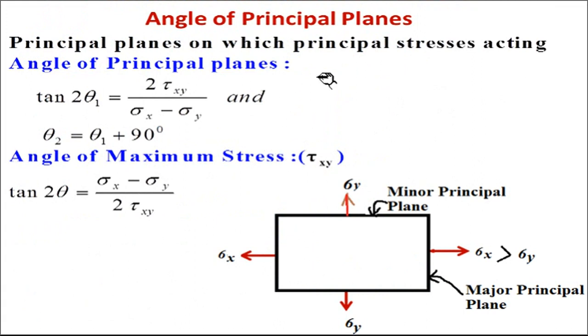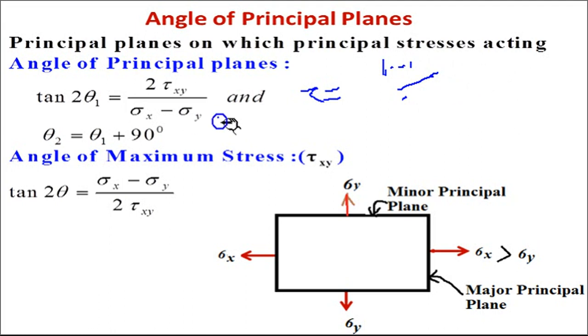Now you can also find the angles of the principal planes on which the principal stresses are acting. The angle of the principal planes is given by tan 2 theta equal to 2 tau xy upon (sigma x minus sigma y). As I told, this equation is derived from the shear stress equation, tau equal to (sigma x minus sigma y) by 2 into sin 2 theta plus tau xy into cos 2 theta.